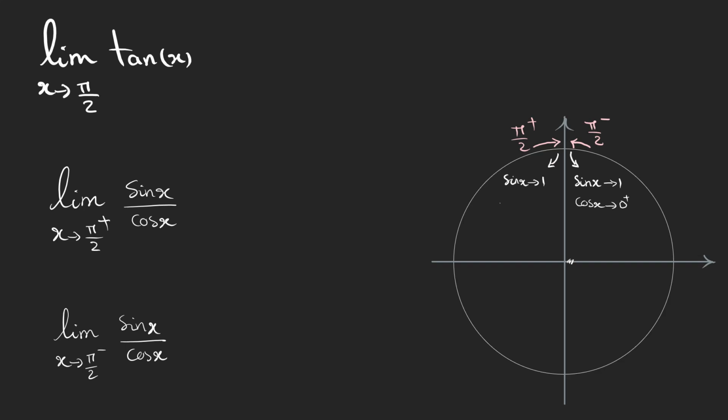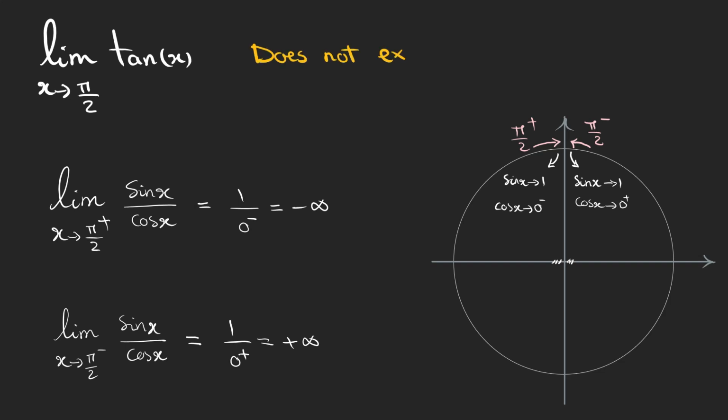Similarly, in the second quarter, sine of x is approaching 1 again, but cosine of x tends to 0 by negative values. So, for the first limit, which is happening in the first quarter, tangent is approaching positive infinity, but for the second limit, which is in the second quarter, our function is approaching negative infinity.